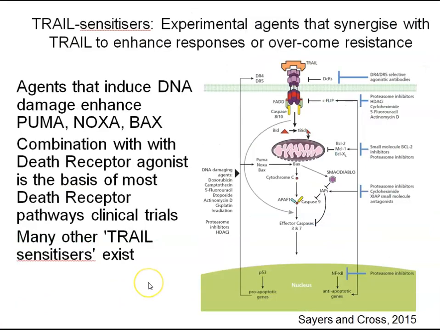So to try to find out how we can exploit this pathway, a lot of work has been done in recent years to look at how TRAIL receptor signalling can be enhanced by other anti-tumour agents. So lots of work has gone into classic chemotherapy, so doxorubicin, 5-fluorouracil. Combine these with TRAIL, you stress the cells, you then hit them with TRAIL or death receptor agonists, and that can drive further apoptosis. So combination of DNA damaging agents seem to enhance TRAIL responses, so does irradiation.